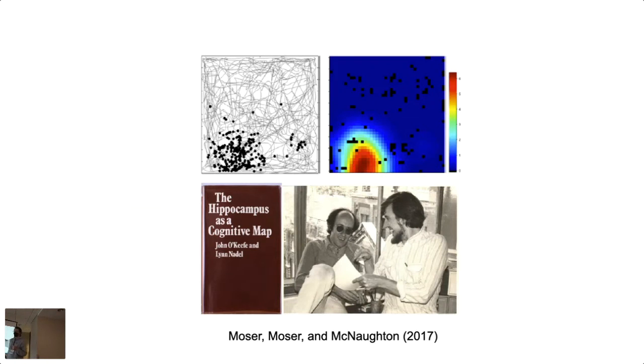As the rat moves around the box, and in a restricted part of this space, this neuron will fire, as indicated by these black dots. So when you average over time, you get the neuron expressing this sort of spatially restricted firing field, or a place field. And many, many, many CA1 neurons express this property.